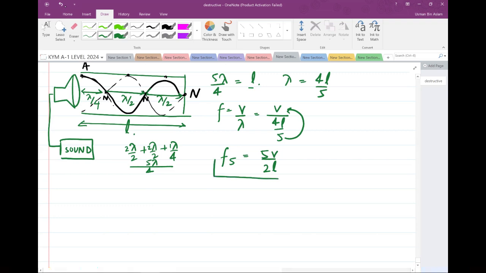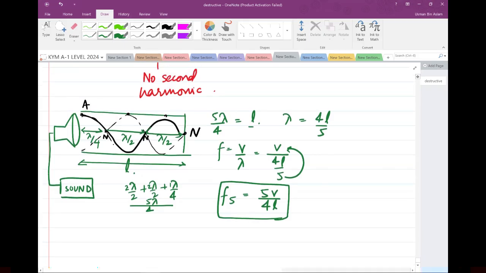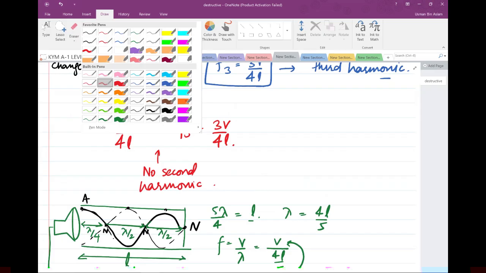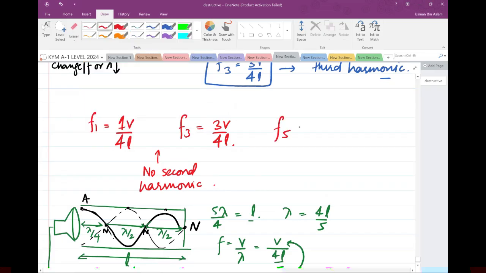Sorry, by 4L, not 2L, my bad. 5V by 4L. So this is going to be the next harmonic that this instrument can create. Actually, this is now going to be the fifth harmonic. F5 equals 5V by 4L.